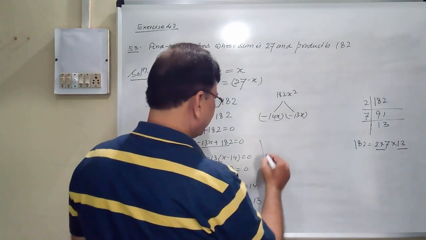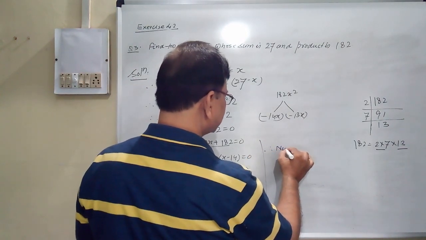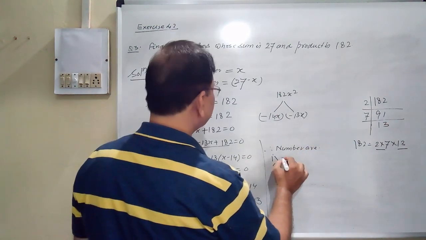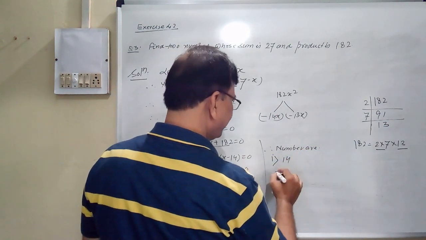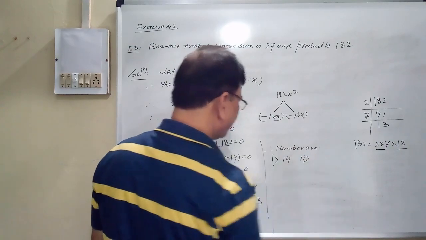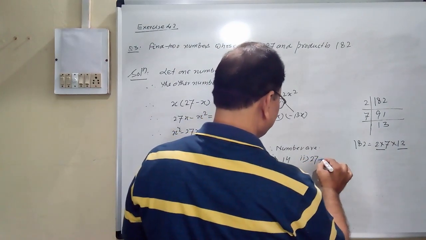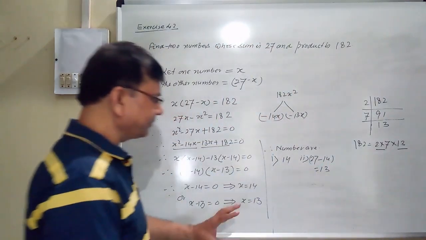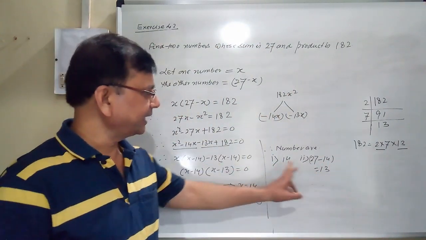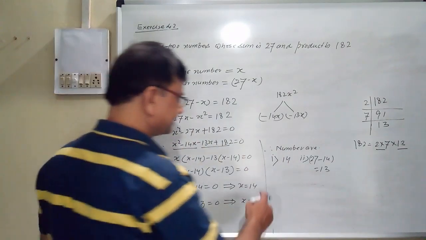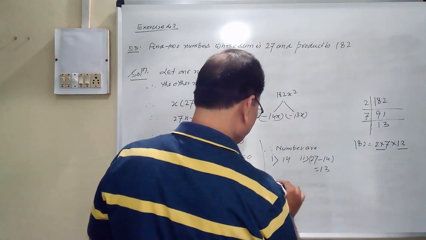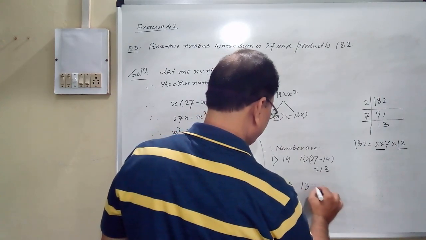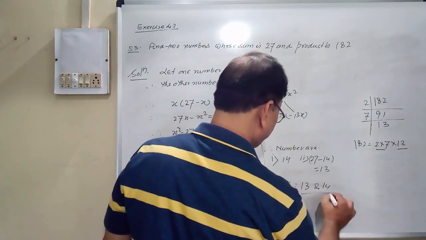Therefore the numbers are: first is 14, and the second number will be 27 minus 14, that is equal to 13. So the two numbers are 13 and 14. This is the answer.